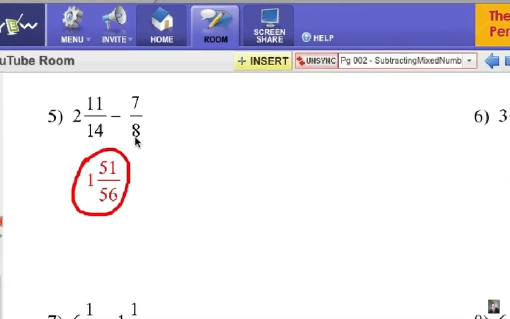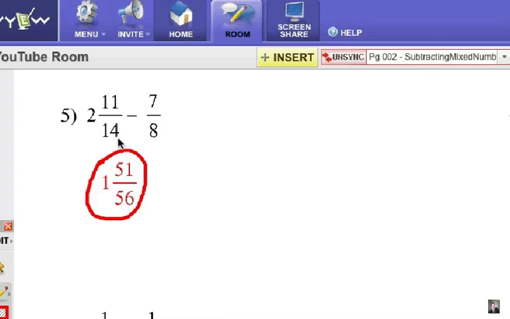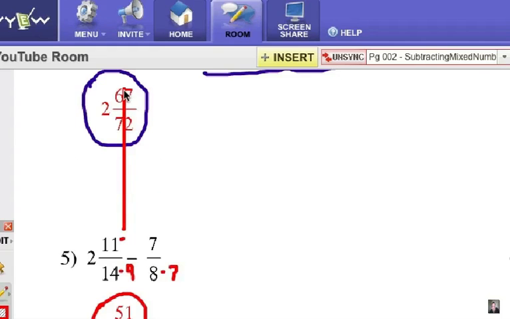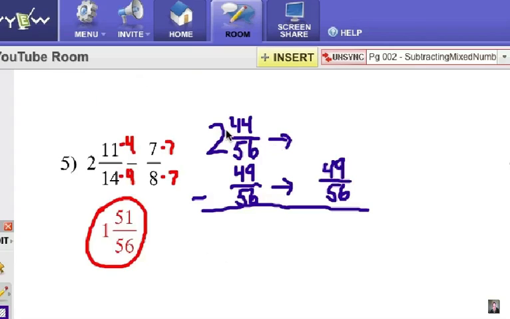I noticed the 14 and the 8, and after a little bit of thinking about multiples there, I noticed that 56 has to be my common denominator. Well, that's going to be 14 times 4 and 8 times 7. So let's go ahead and do the multiplication here for both numbers. And now I'm going to get 2 and 44/56 minus 49/56.